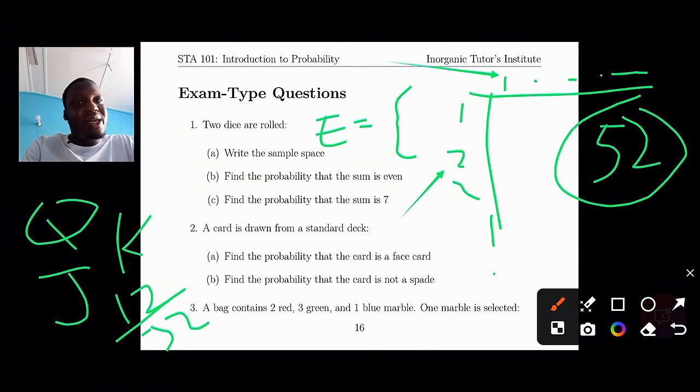The chance of getting a king is the same chance of getting a 7. Because there are 52 there and you are picking one. You can pick A, you can pick J, you can pick 10 or any other. So they have equal chances. So you use the classical approach to do that. Find the number of events of face card divided by the sample space. So find the probability that the card is not a spade.